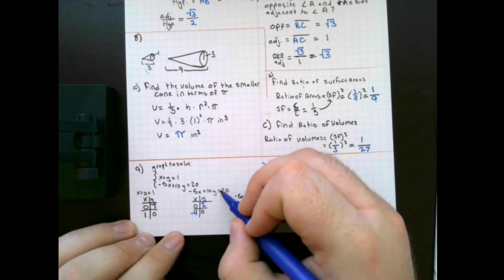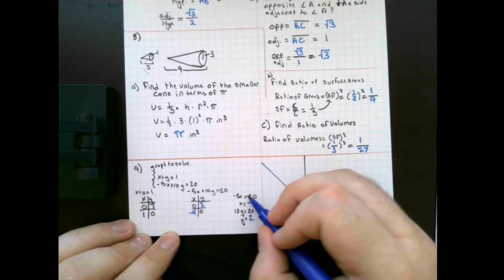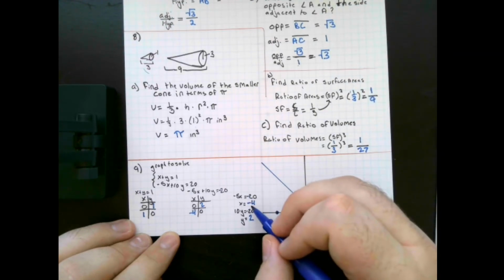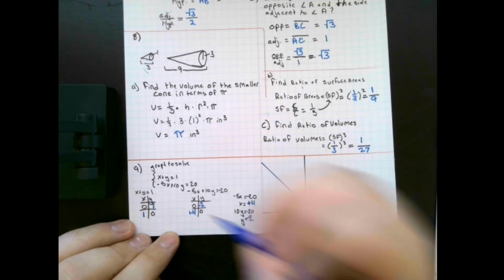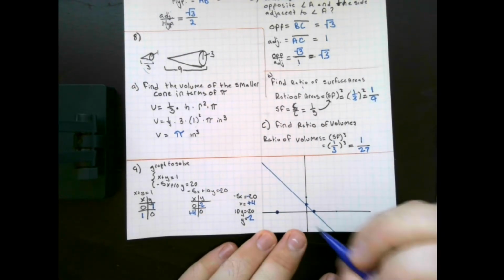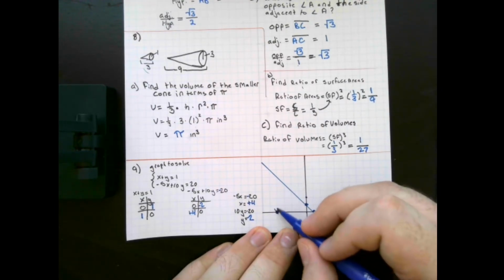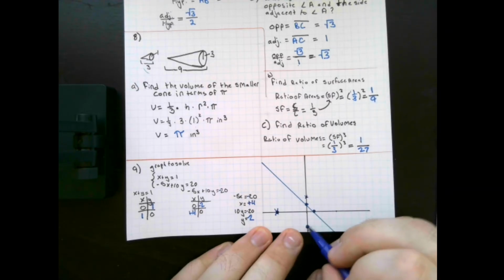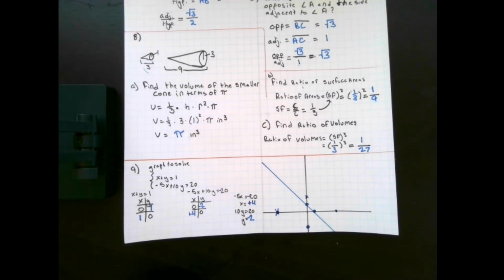This is negative 20 in the problem. Now, if we do change this to a negative 20, we're going to have a positive 4 here and a negative 2, which is just a small mistake in the problem. So we're going to have negative 2 right here and positive 4. So a slightly different set of points.